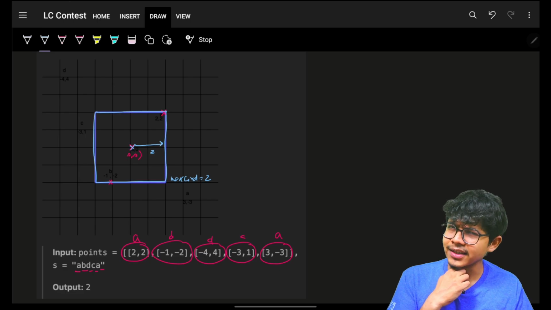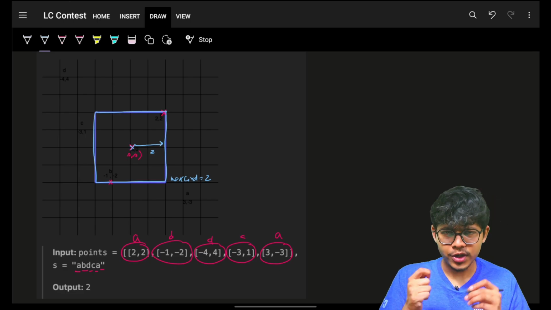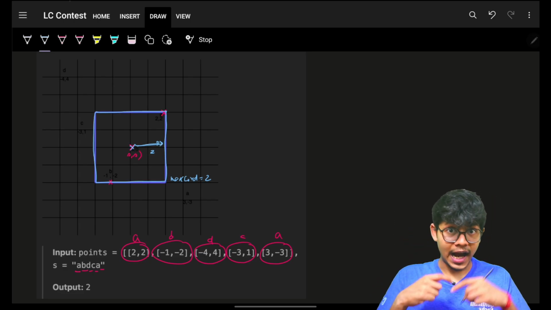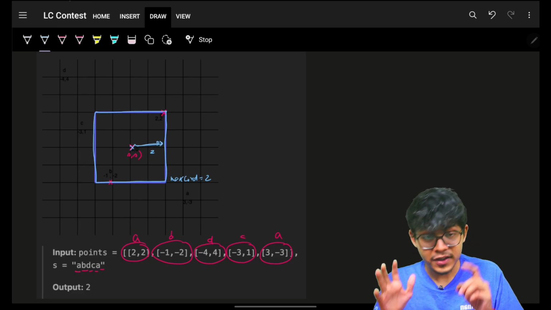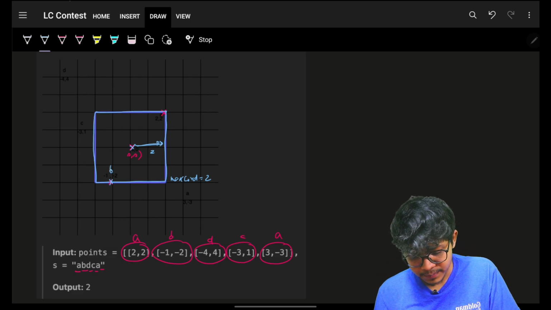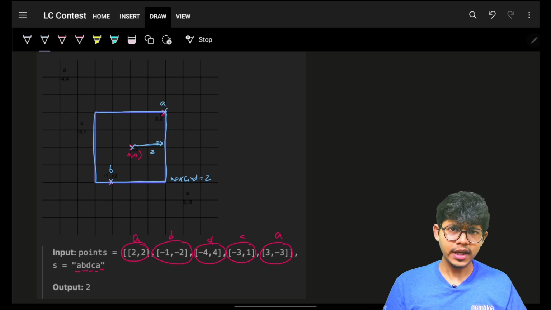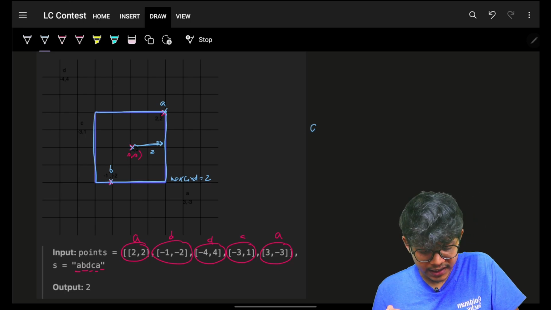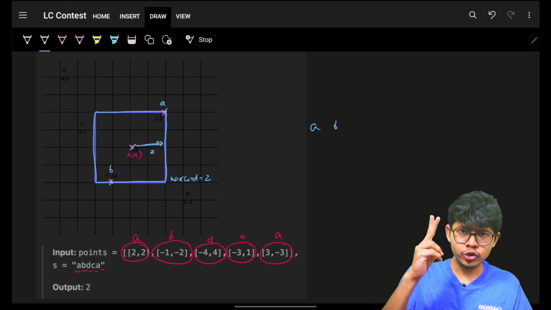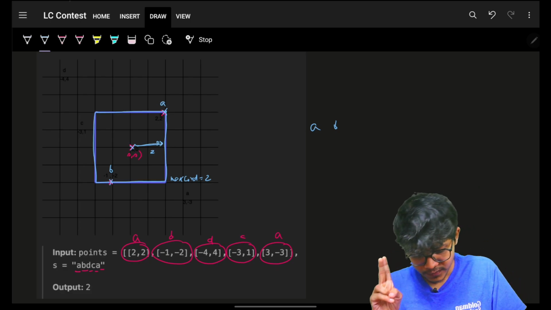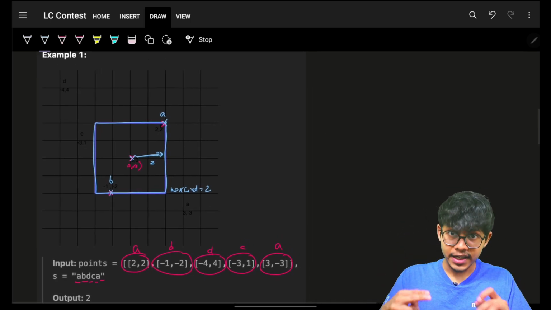I can visualize that character b is here and character a is here. Both characters a and b are different, so 2 as an answer will work.